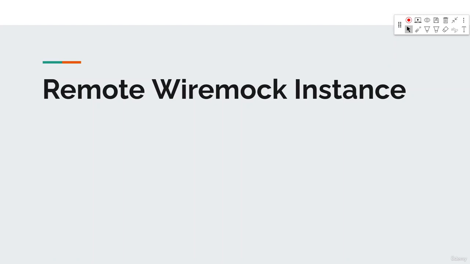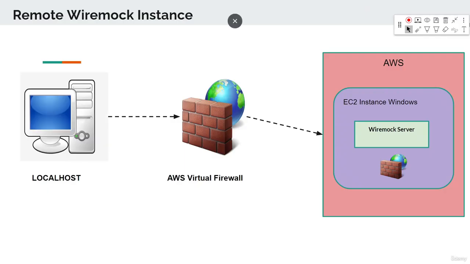So let's begin. Here it's quite straightforward. We have a local host first, and the local host can be our local machine, a desktop or laptop. What we are doing here is trying to access the Wiremock server on a remote Windows machine from the local machine.